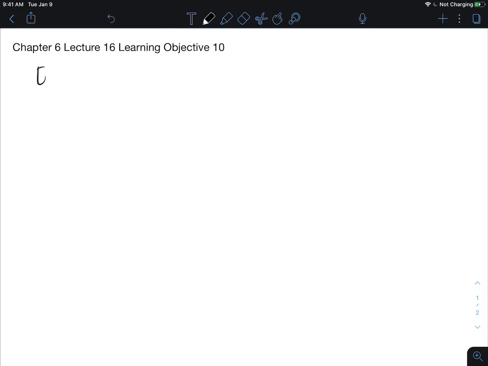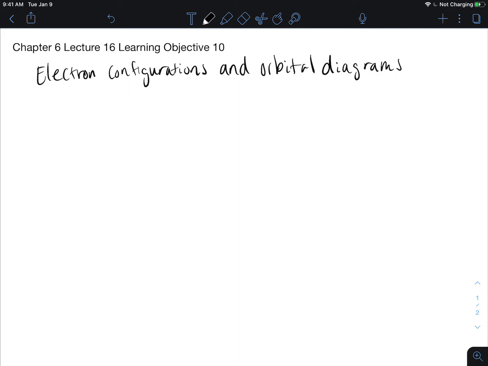So electron configurations and orbital diagrams are kind of like a visual representation of our electrons from our quantum numbers.